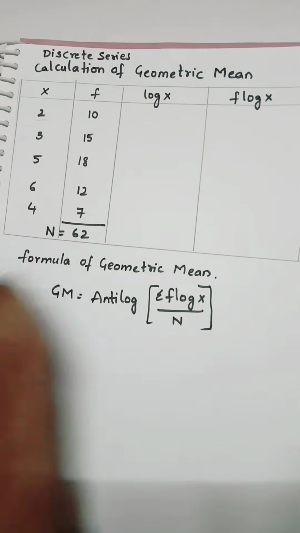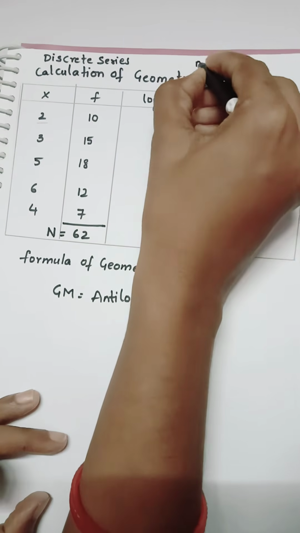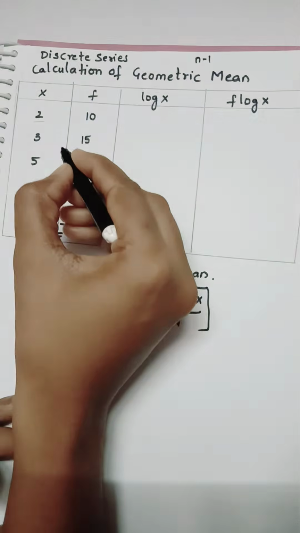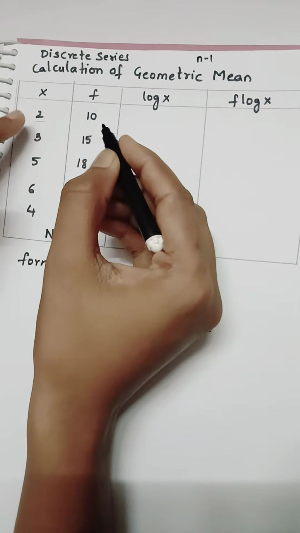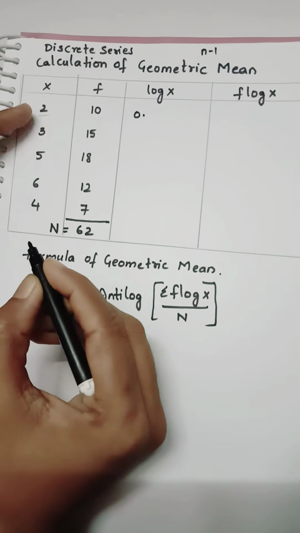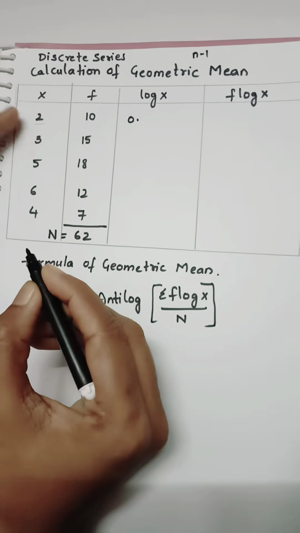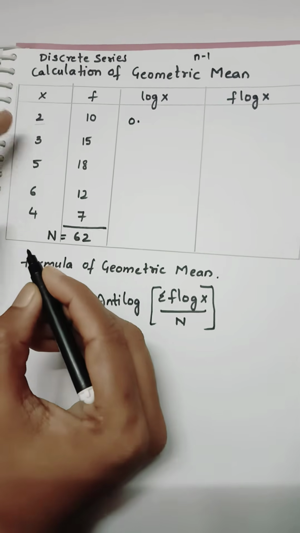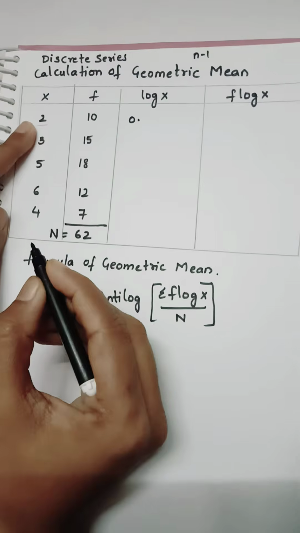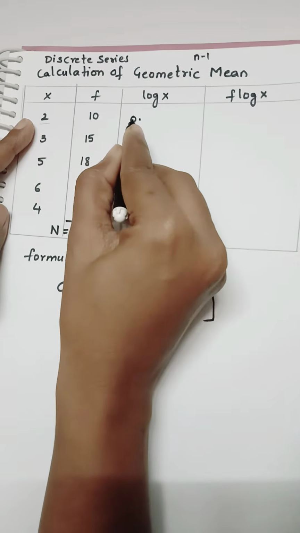So here what we need to do: the number of digits is one, so n minus 1, 1 minus 1, is 0. Once again I'll repeat, from the number of digits you need to subtract 1. So here the digits are 1, n minus 1, 1 minus 1 is equal to 0.